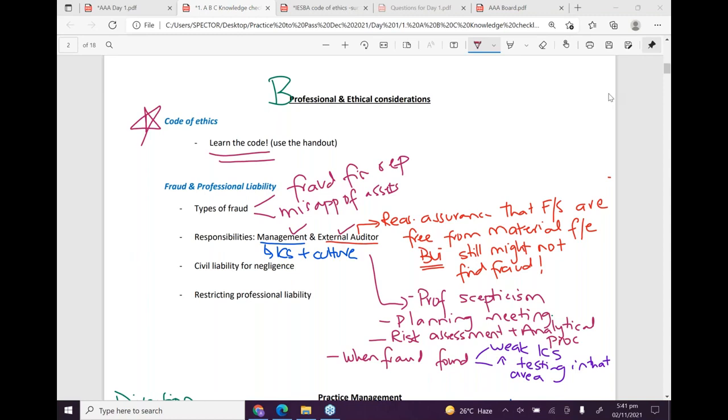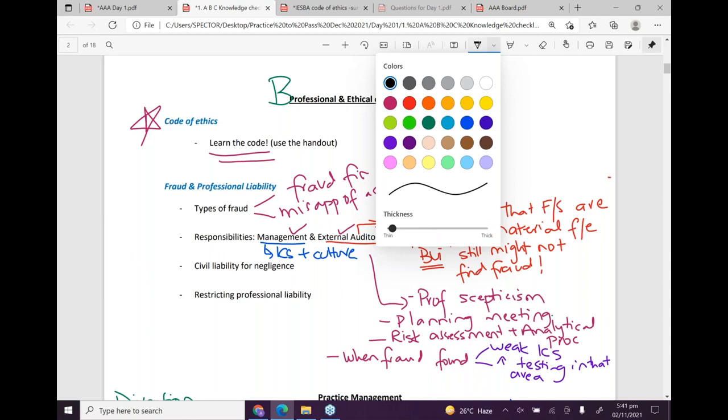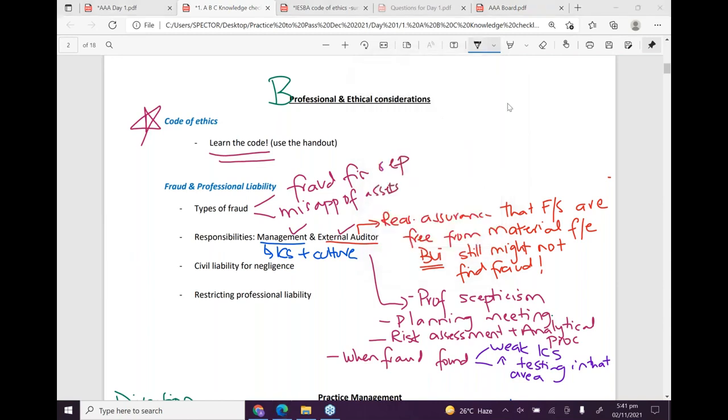This is the important part because I genuinely feel you guys lose out on easy marks by not covering it step by step. The minute you pick up that this is a fraud question, you have to talk about the fact that external auditors only give reasonable assurance that financial statements are free from material fraud and error.